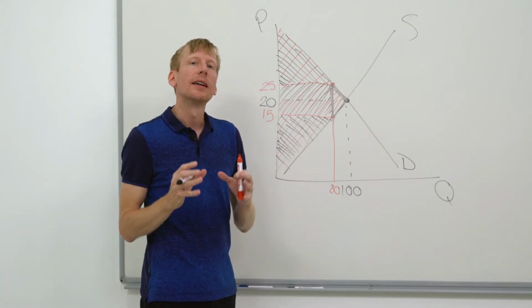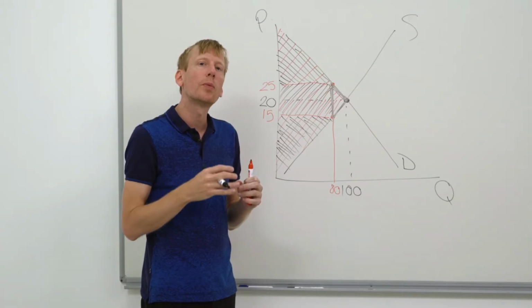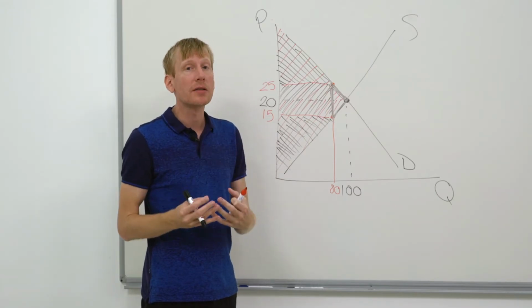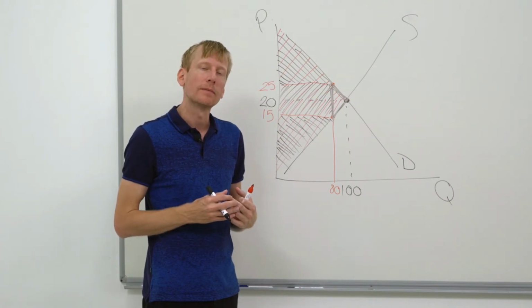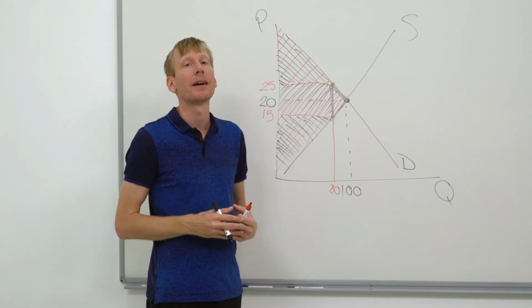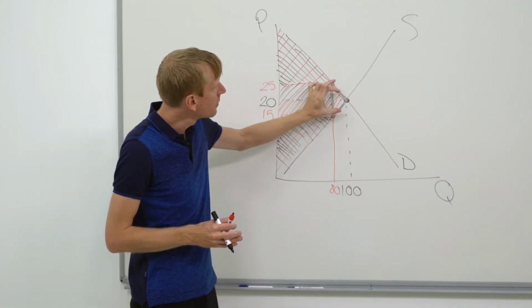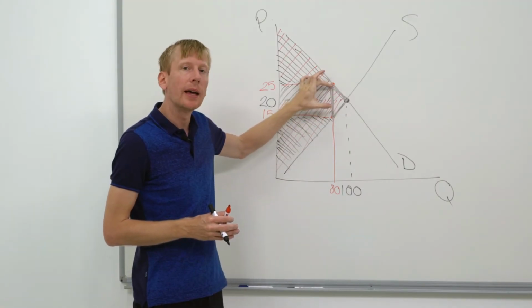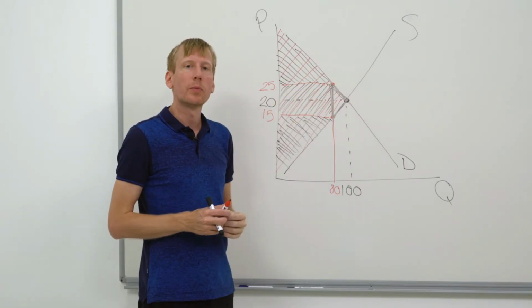Deadweight loss is any kind of a reduction in surplus for either consumers or producers that is not transferred to anyone else, but simply lost for society as a whole. It's a deadweight loss because it's a loss that is not matched with a corresponding gain somewhere else. And for each of these units, the willingness to pay from the consumer is greater than the cost to the producer.